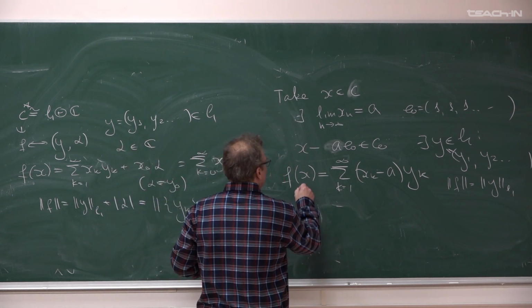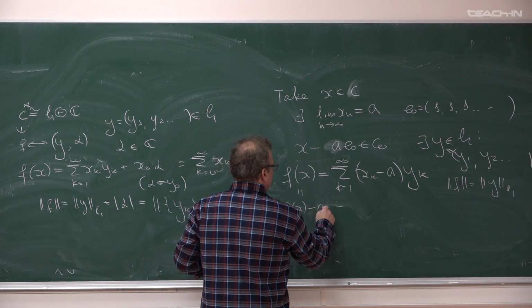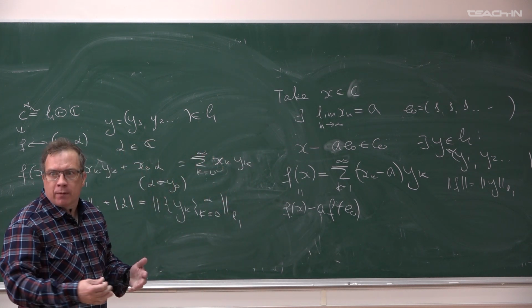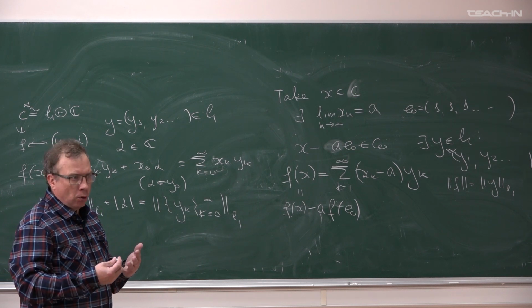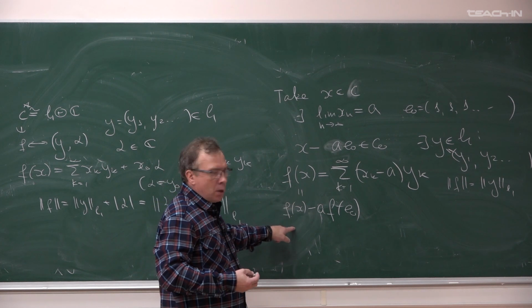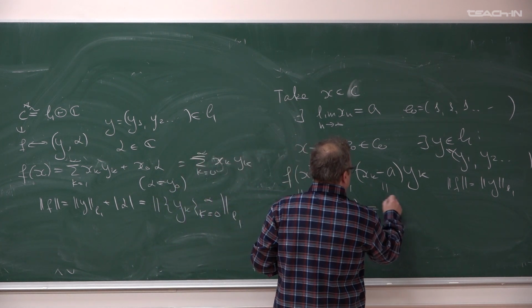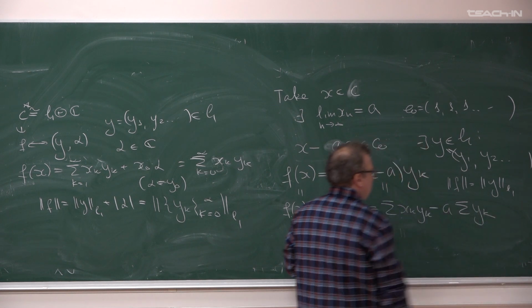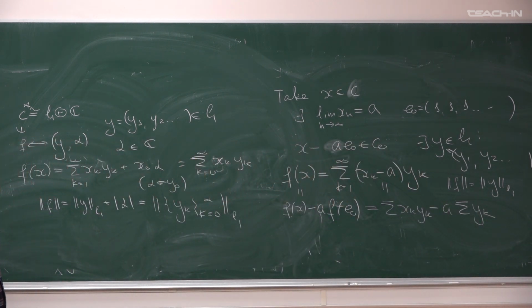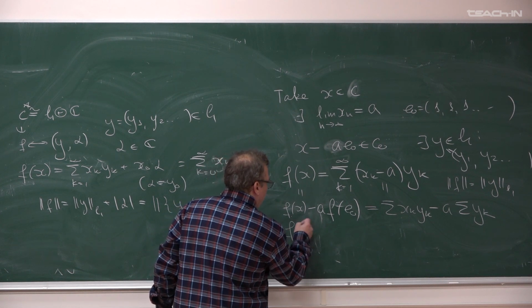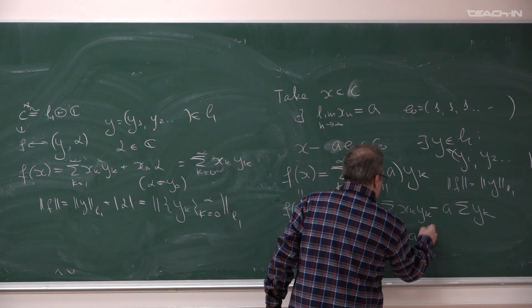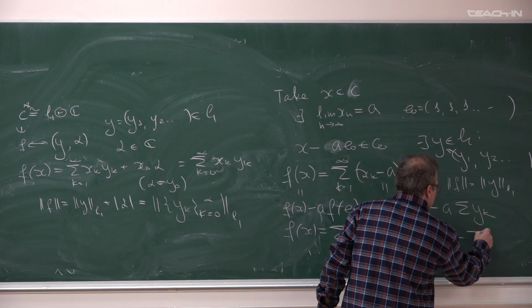And then we can rewrite it. We want to obtain a linear functional on all of space C. So it is equal to this, and in another form it is the same. So we obtain that f of x equals the sum of xk yk plus a f of a0 minus the sum.